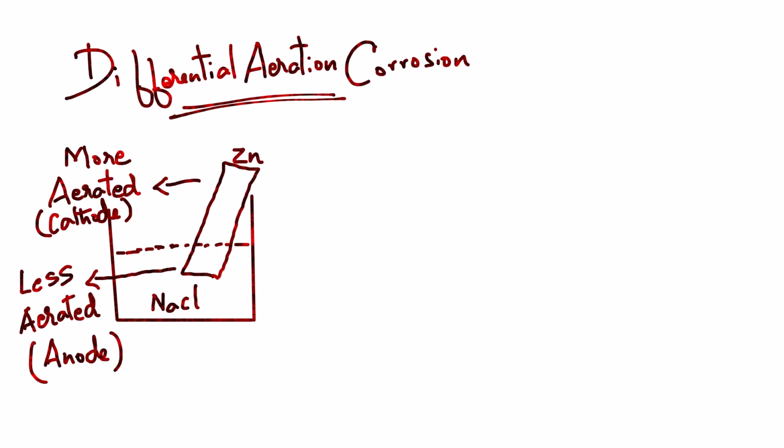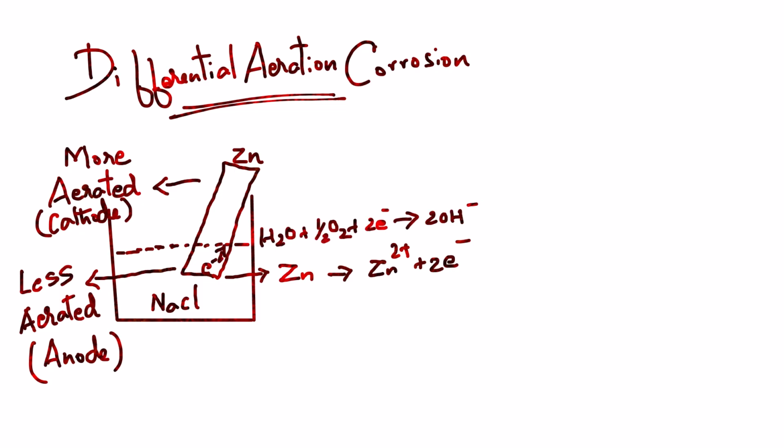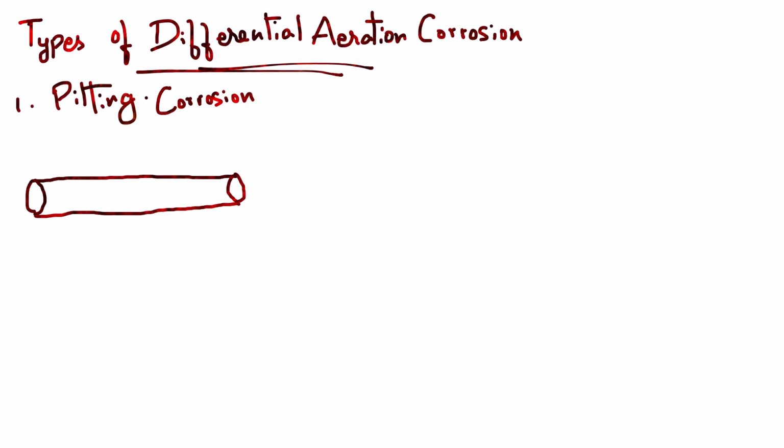Here, the less aerated portion will act as anode and undergo oxidation. The more aerated portion will act as cathode. So, zinc undergoes oxidation. Zinc forms Zn2+ and releases electrons, and those electrons are utilized by the water and oxygen at the water line, and hydroxide ion is produced.